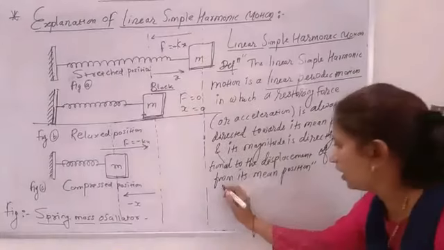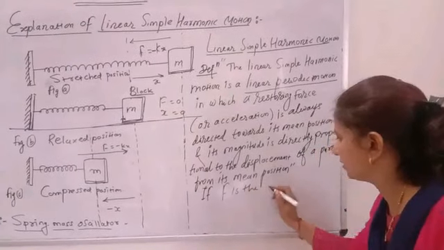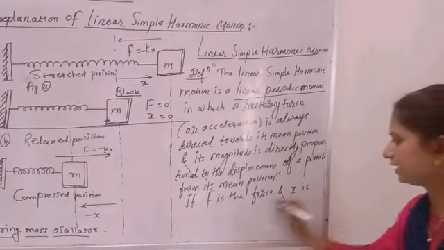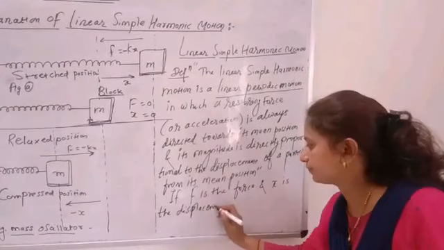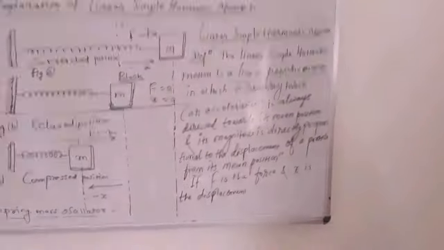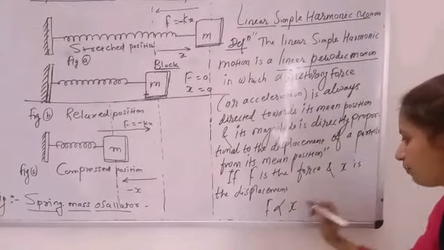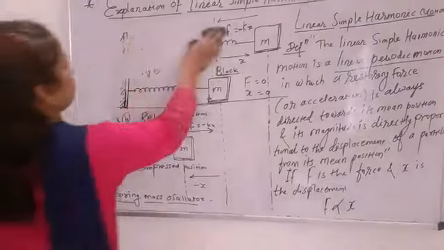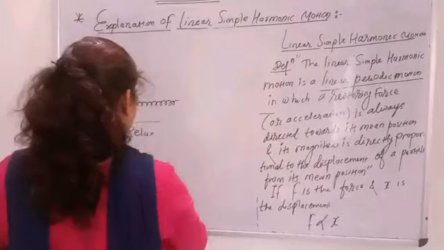So, if F is the force and X is the displacement, here we can say that F is directly proportional to X. So we can write this as F equals minus Kx.